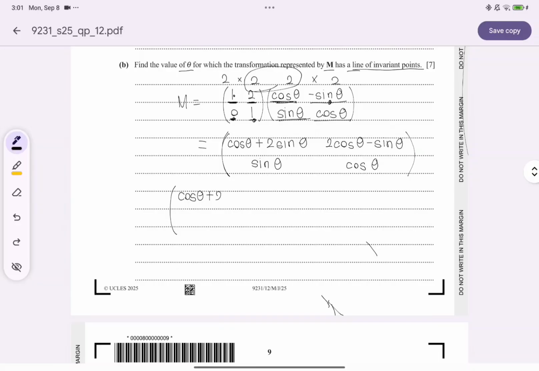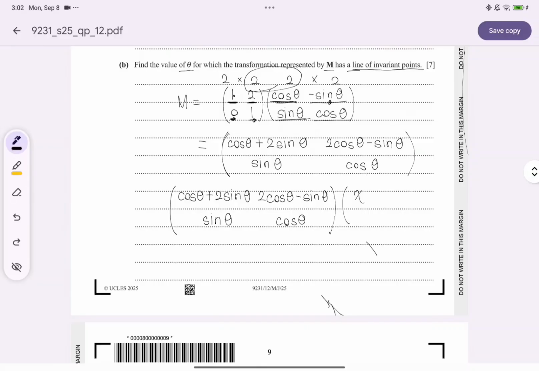So cosine theta plus 2 sine theta, 2 cosine theta minus sine theta, sine theta, cosine theta, times x, y.